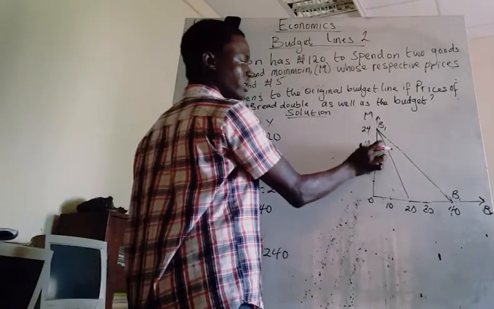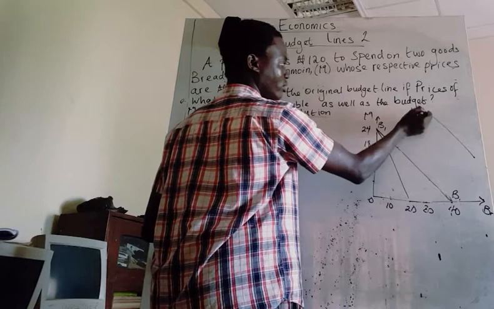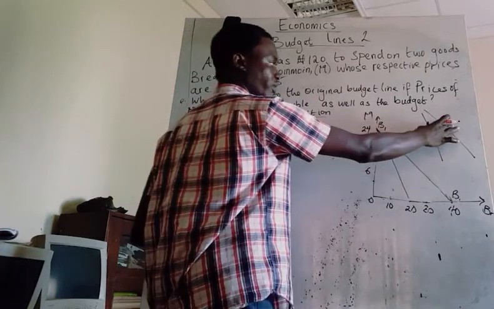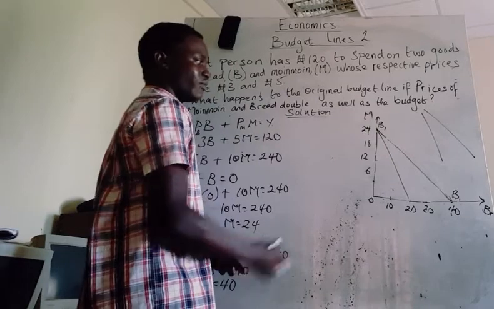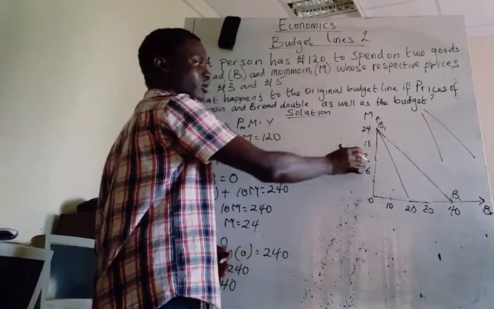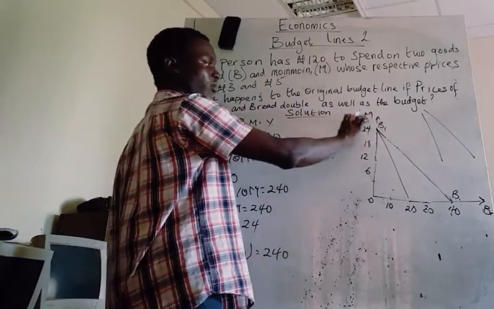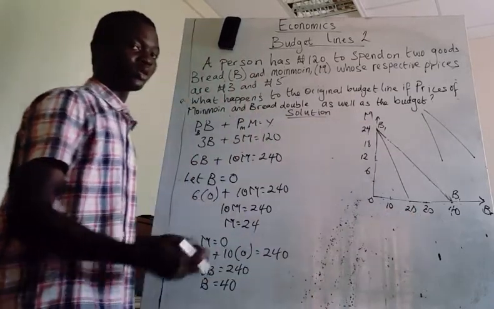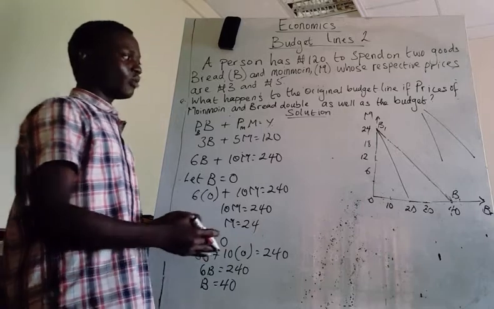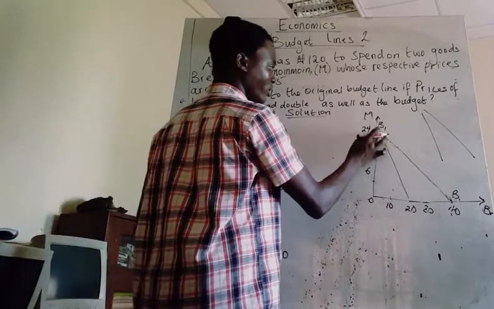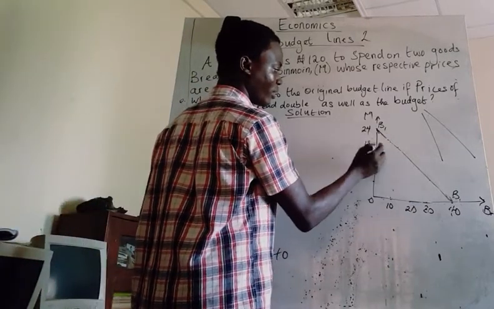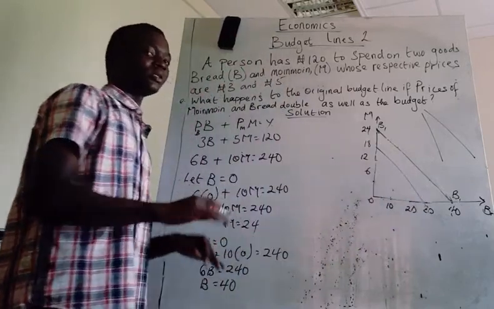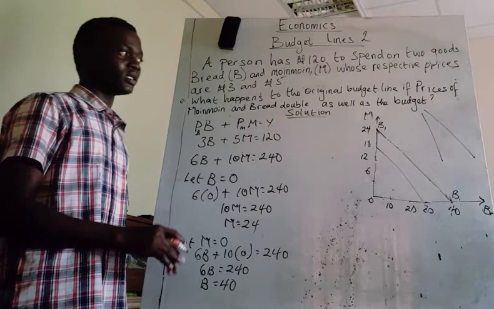This line does not have a slope that is similar to this line, so they have different slopes. If it is the other way around, if it is the quantity that is changing for the vertical axis and nothing is happening here, we also have a change in slope. But when there is a change in income, we observe something like this: just a shift of the budget line and no change in slope.